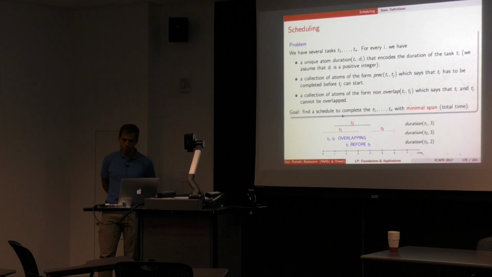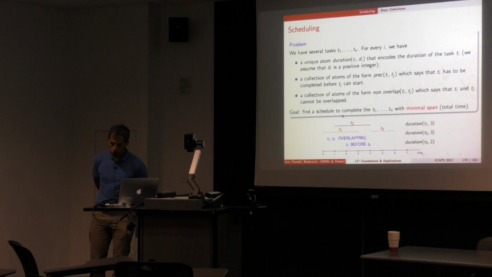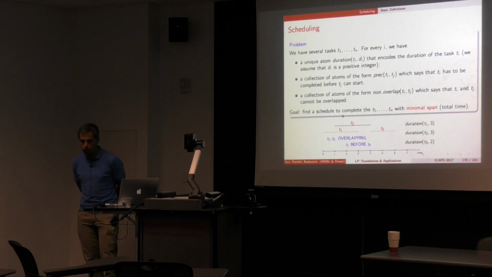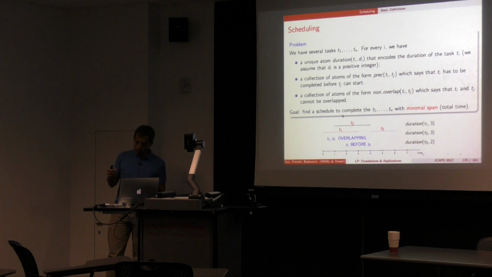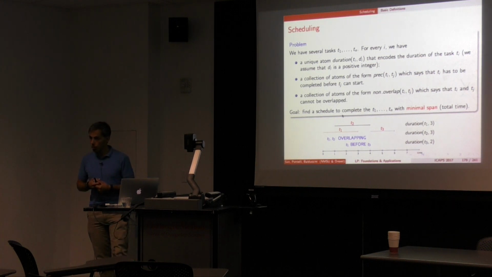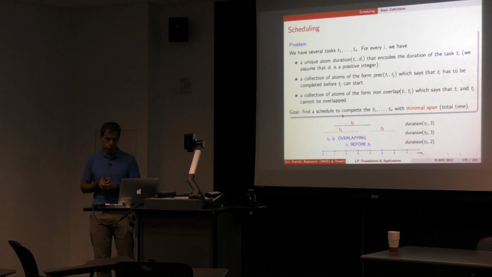For every task, we have a duration, which is how long the task is supposed to take. We're also given relations telling us which tasks should precede other tasks. Imagine you're building some widget and you have to first build its structure before you can paint it. So you have some kind of precedence between the 2 tasks.